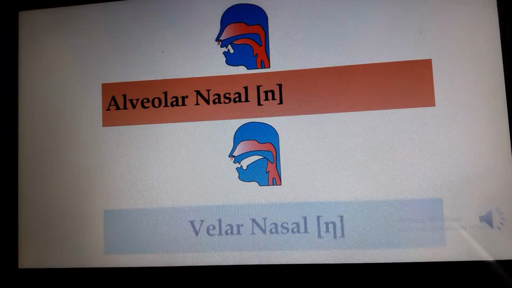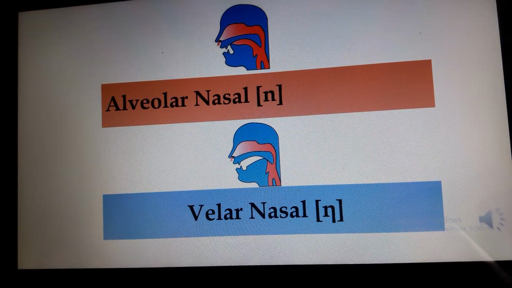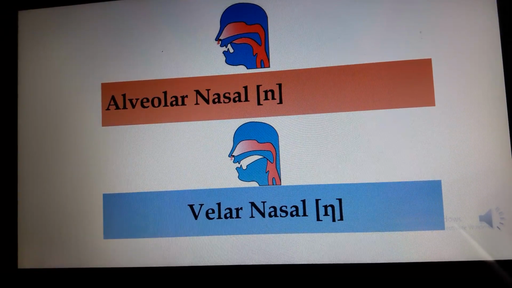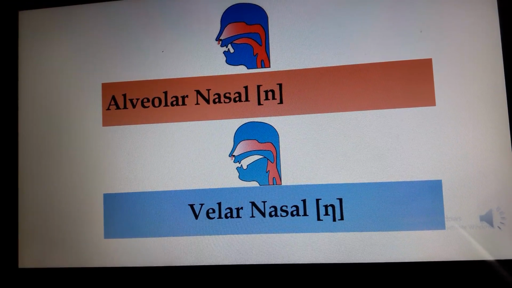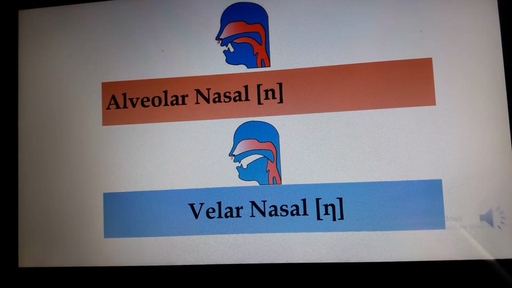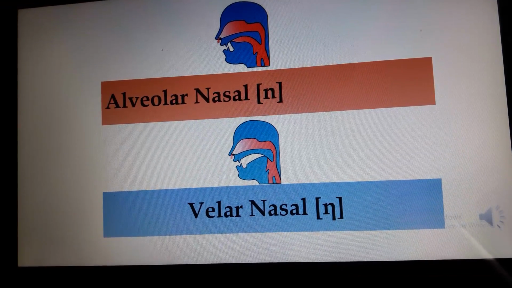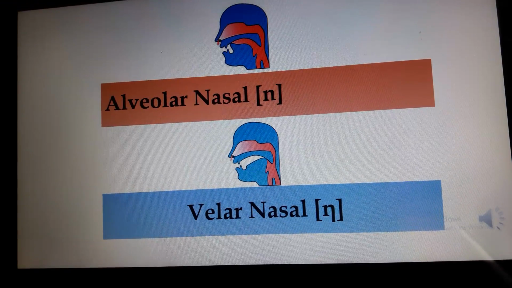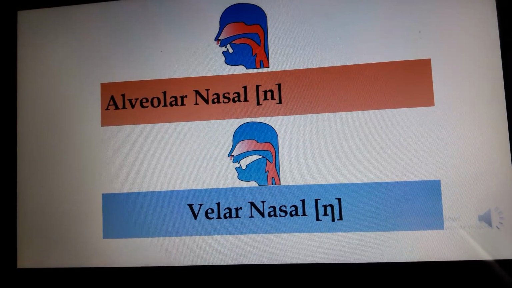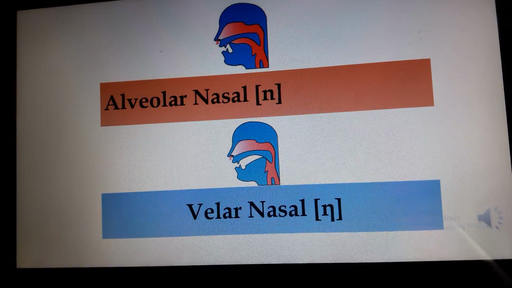And the second picture is velar nasal with the consonant ng. The back of the tongue is pressed to the soft palate, forming the complete obstruction. The active articulator is the back of the tongue, and the passive articulator is the soft palate.